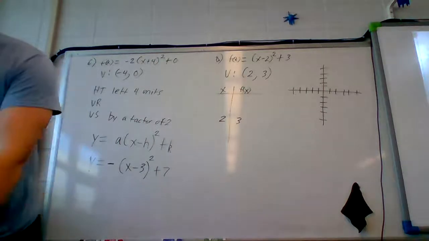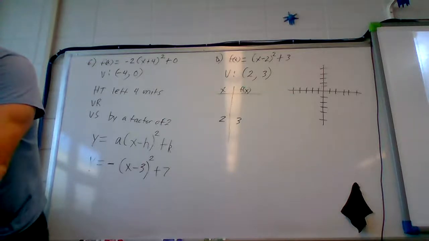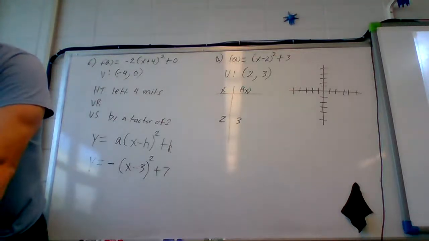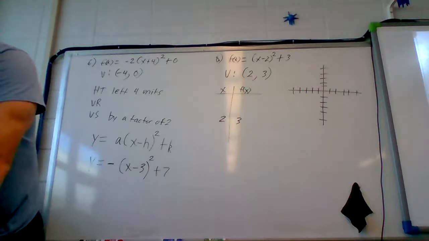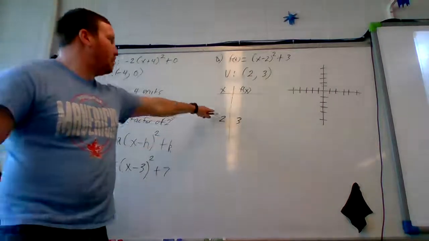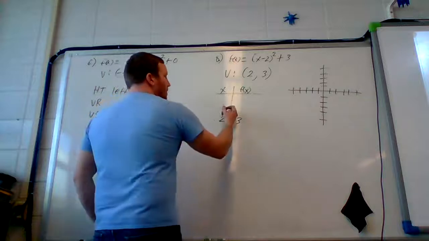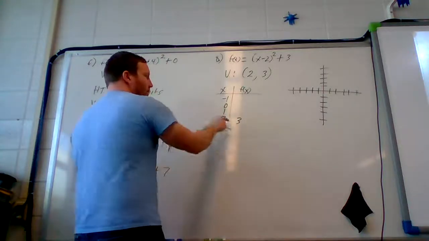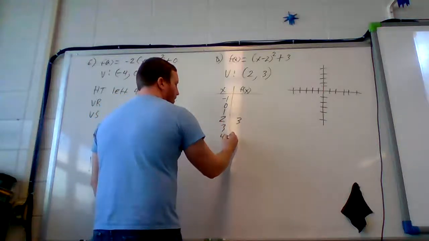So go to y equals on our graphing calculators, parentheses x minus 2, that quantity squared, plus 3. And then we want to look at our table, so second table. So I want to grab 3 points to the left. So that'd be 1, 0, -1, and 3 points to the right, 3, 4, and 5.